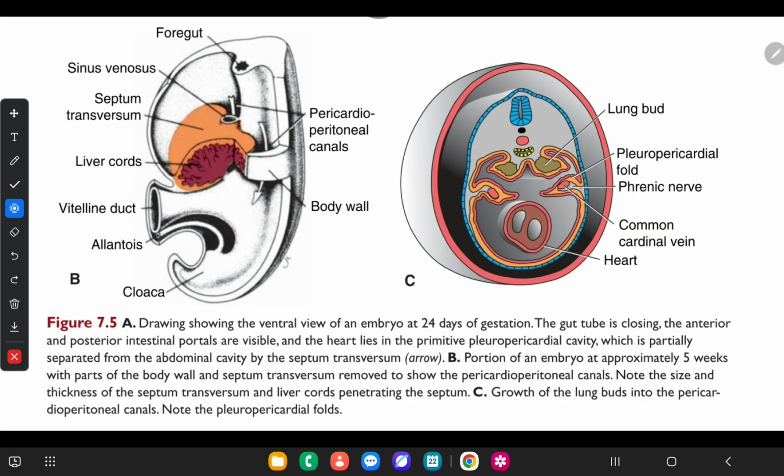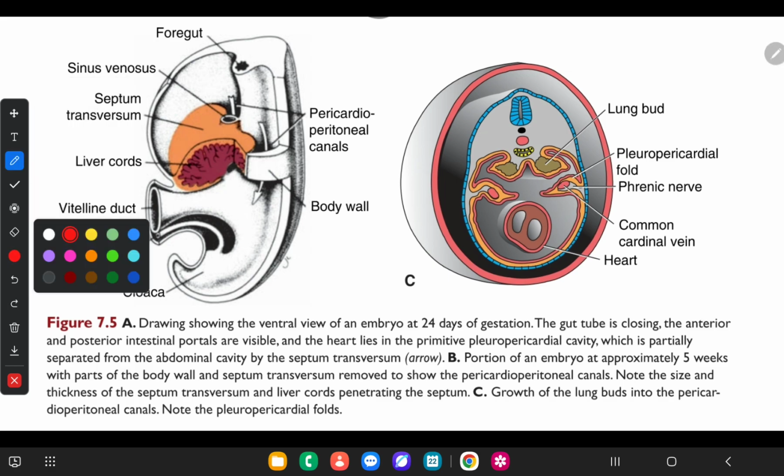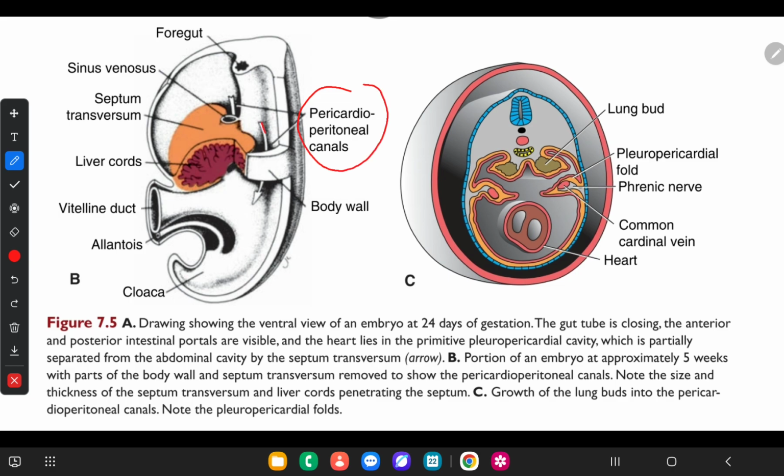So there is an opening in between the abdominal cavity and thoracic cavity, and this opening is called the pericardioperitoneal canal. Here in this diagram, first picture, you can see the pericardioperitoneal canal. This is the pericardioperitoneal canal behind the septum transversum.